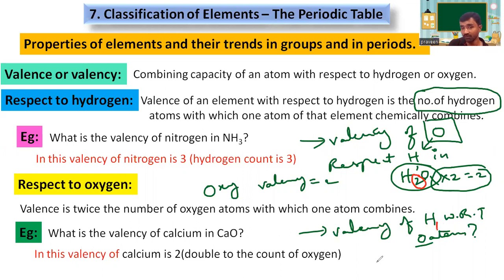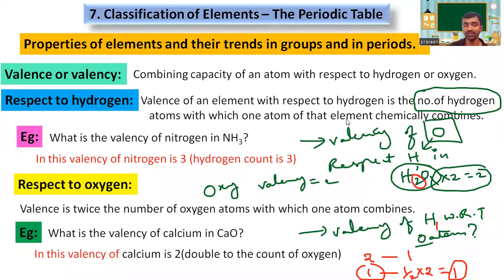So 2 are combining with 1. Then what about 1? It is half. Then making it double gives 1. So the valency of hydrogen with respect to oxygen is 1.